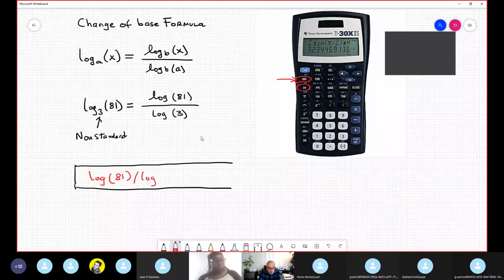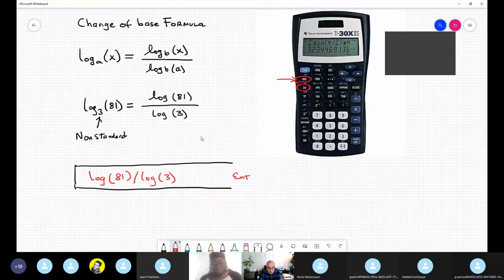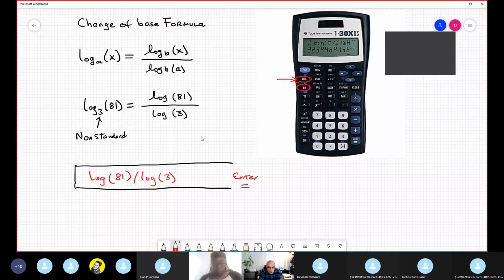Log 3, close the parenthesis, press enter or press equal, depending on the calculator, boom, and you get 4. The answer is 4. And it makes sense to get 4 because 3 to the 4 power is 81. A similar result we get if you're using natural log, natural 81 divided by natural 3.